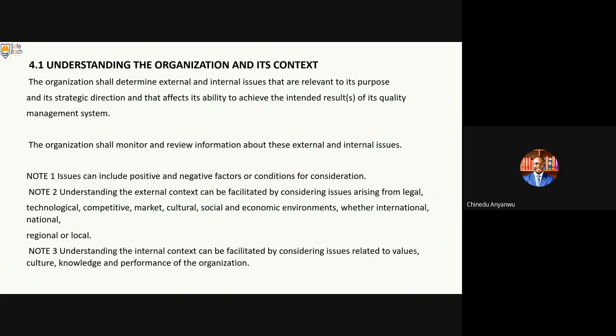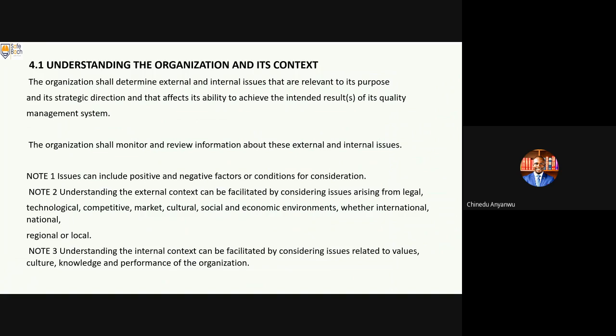Now, the management system further says that the organization shall monitor and review information about these internal and external issues. Now, there are notes attached to this standard. It says that issues can include positive and negative factors or conditions for consideration.